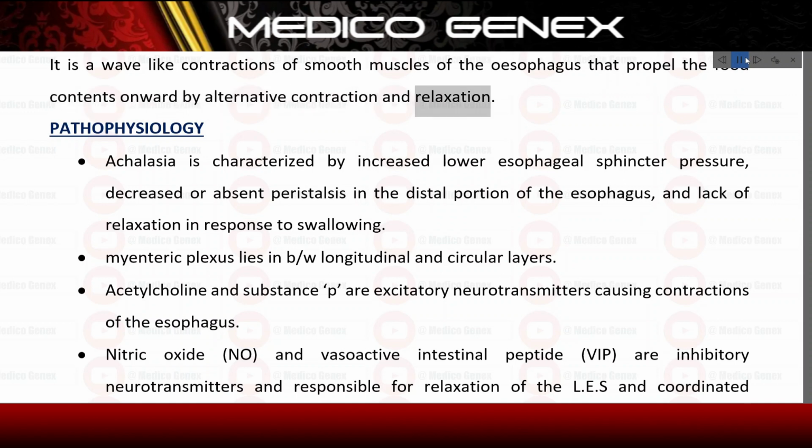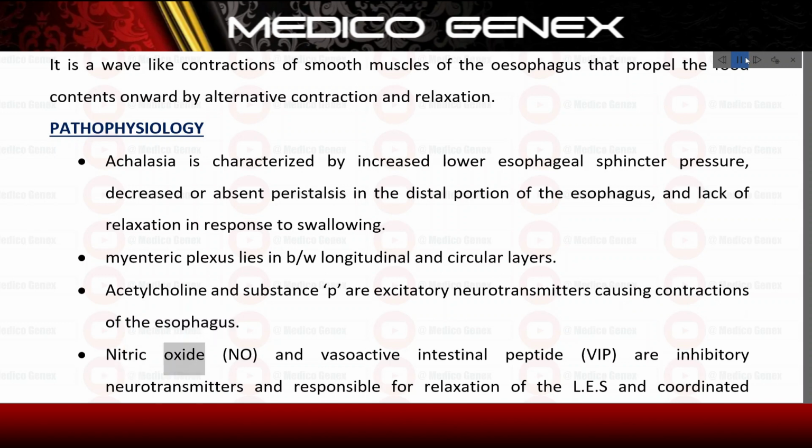Pathophysiology. Achalasia is characterized by increased lower esophageal sphincter pressure, decreased or absent peristalsis in the distal portion of the esophagus, and lack of relaxation in response to swallowing. Myenteric plexus lies between longitudinal and circular layers. Acetylcholine and substance P are excitatory neurotransmitters causing contractions of the esophagus.